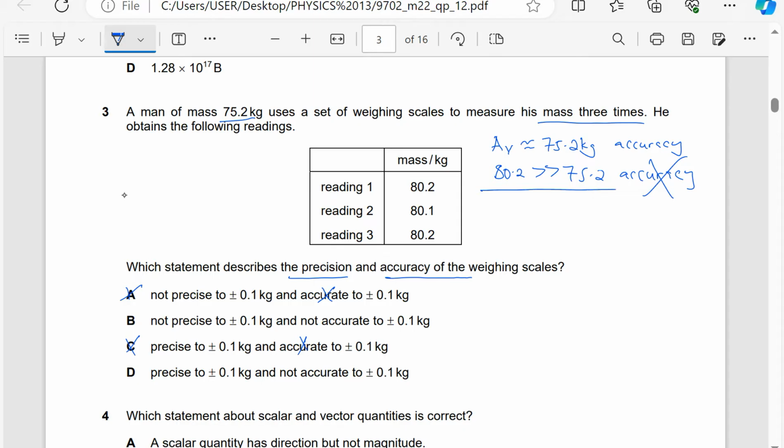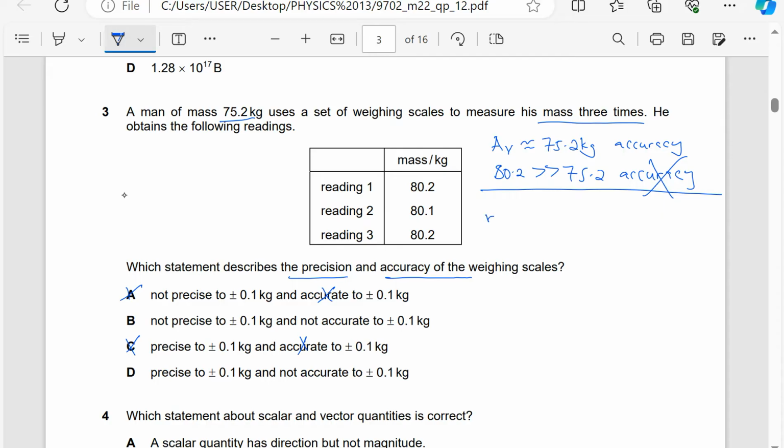Then for precision, the range should be very small. They're asking which statement describes the precision and accuracy. For precision, we find a range.